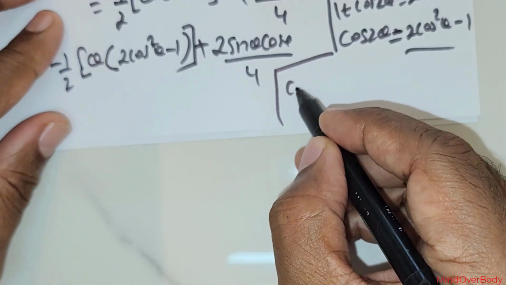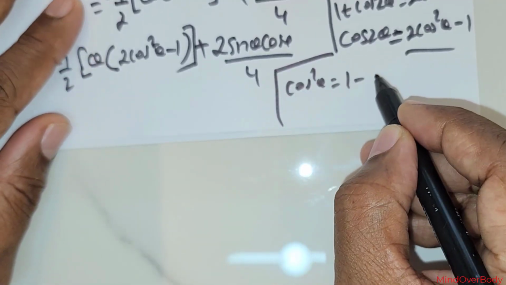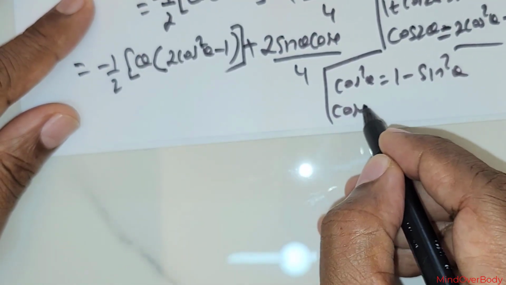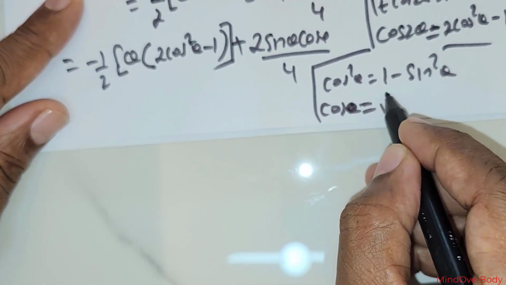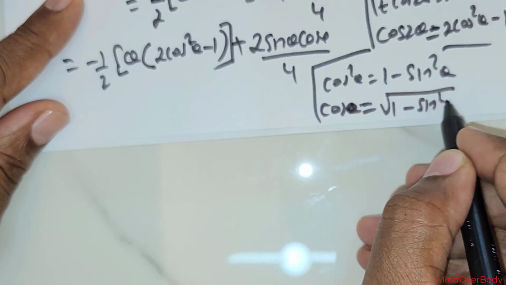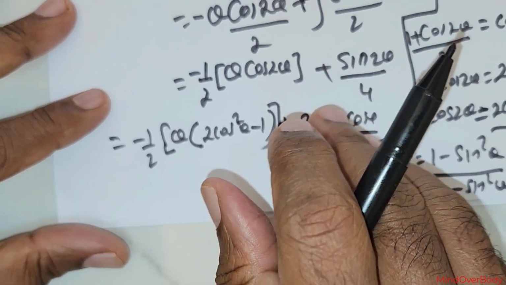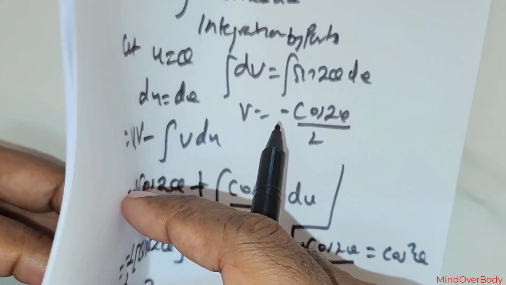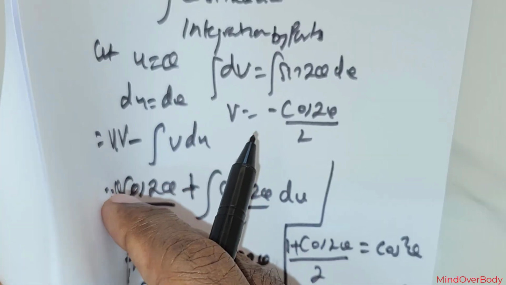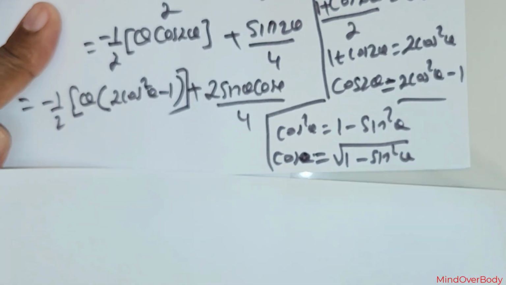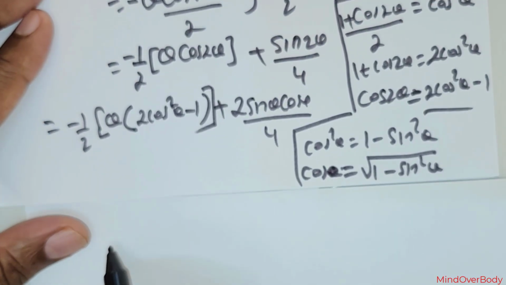So cos square theta can be rewritten as 1 minus sine square theta. So do that. And cos theta can be rewritten as root of 1 minus sine square theta. Am I right? So if I were to do that, let me go to the next side of the page. Okay, I'm going to utilize space here.